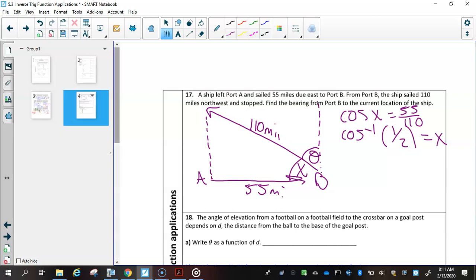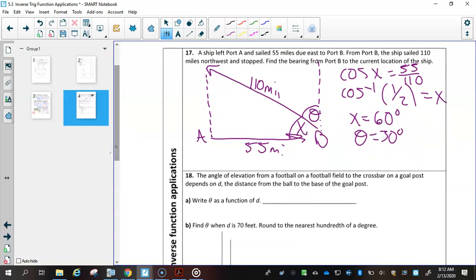Whoa, we're not just plugging it into the calculator. You could, but pi over 3. Pi over 3, which is 60 degrees. Now, but that's not our final answer. If that's 60 degrees, theta is 30 degrees.